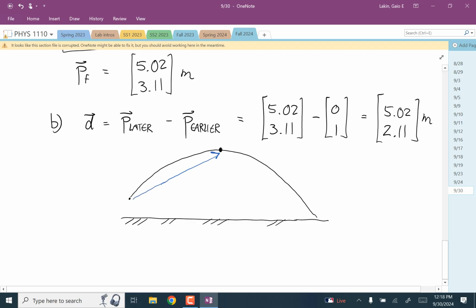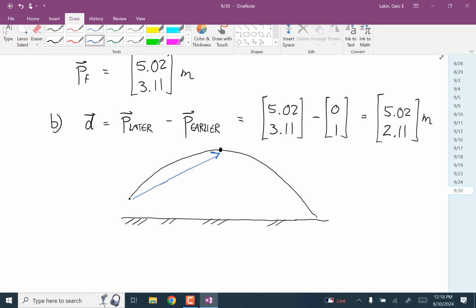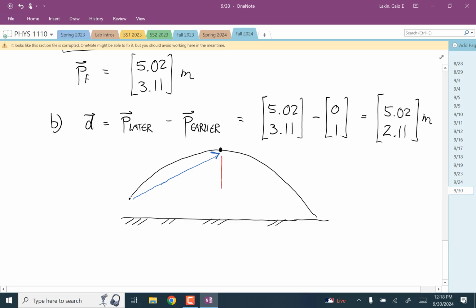They almost look the same, but the position vector went from the origin to this point. The displacement vector goes from the earlier location to the position at time final. And so what this means is if you draw this right triangle, this distance is 5.02 and this distance is 2.11. Any questions about that?